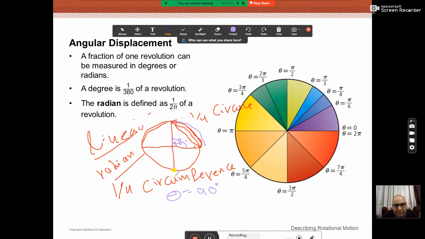To find the displacement using the radian system, you remove the degree sign and put rad. So when you see this value with this measuring unit, you know that it represents theta, but here theta is not an angle, it's called a radian displacement.